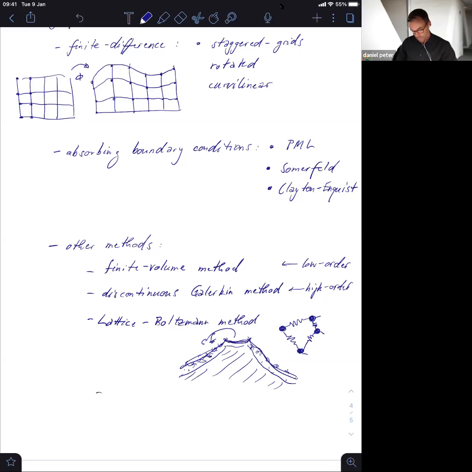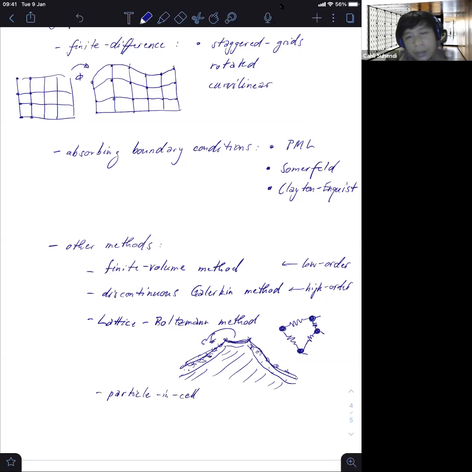I don't quite know how they call it exactly, but there's something like particle in cell, and they use cell tracers, etc. Often these kinds of methods are more meant for nonlinear problems, nonlinear equations.